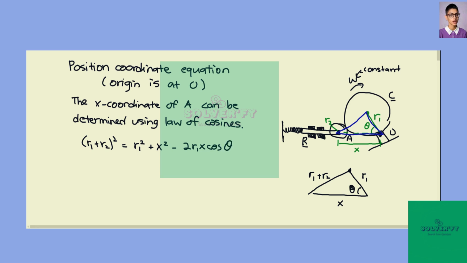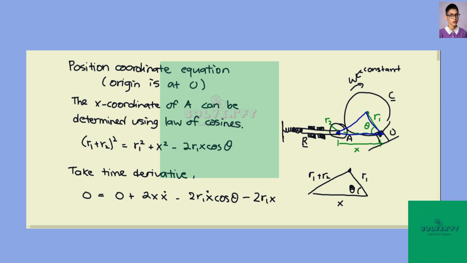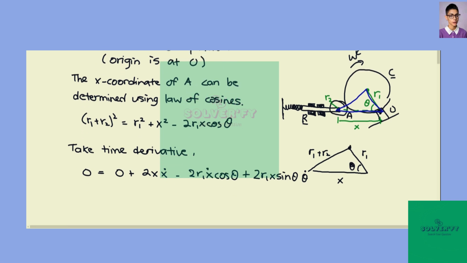Then if we take the time derivative of the equation, we have 0 equals 0 plus 2x x dot minus 2 R1 x dot cosine theta plus 2 R1 x sine theta, theta dot. Because if you differentiate cosine theta, you get minus sine theta, so this is what you get.